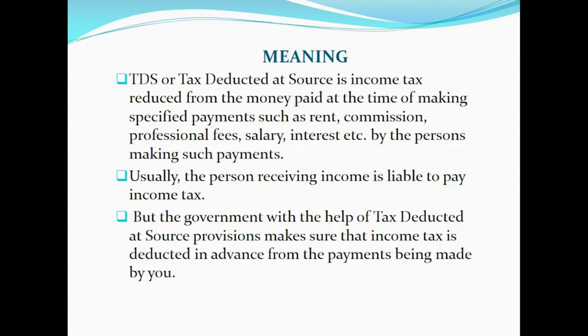Now, who will make this TDS? Usually the person who is receiving the income is liable to pay the income tax. But the government, with the help of TDS provisions, ensures that the income tax is deducted in advance from the payments being made by you.